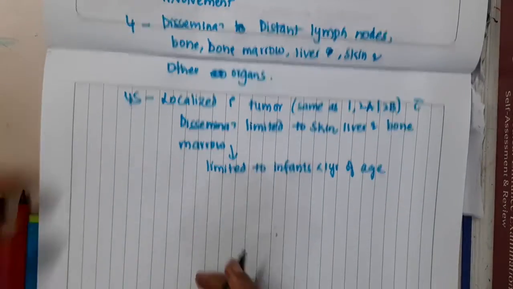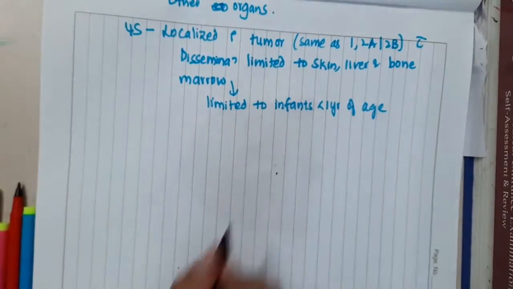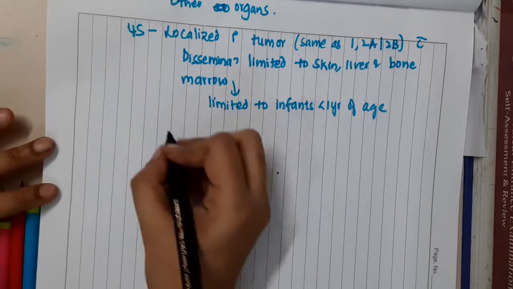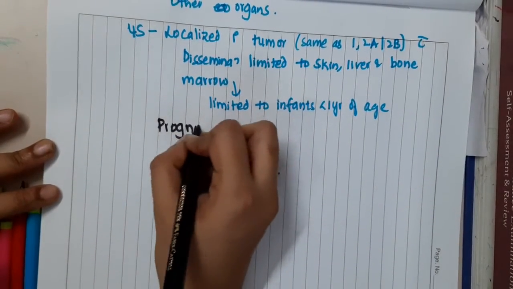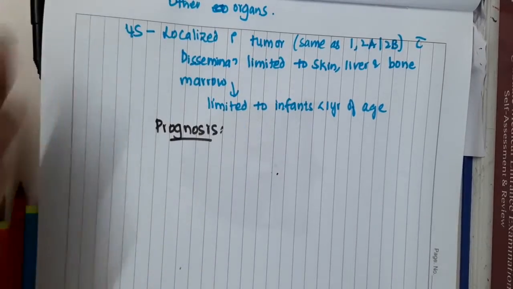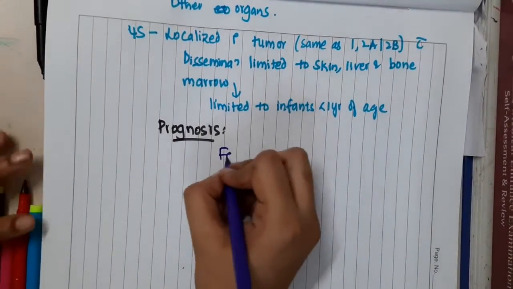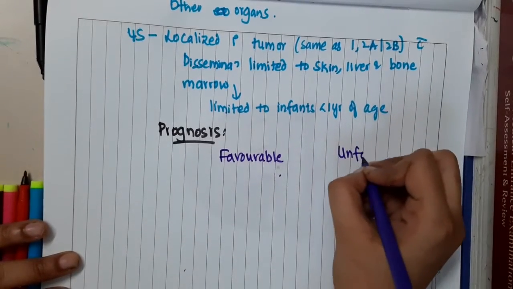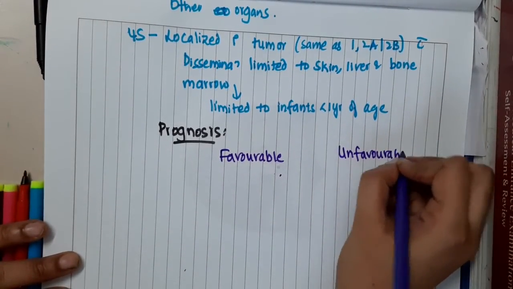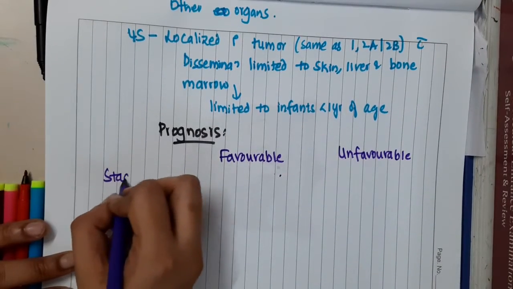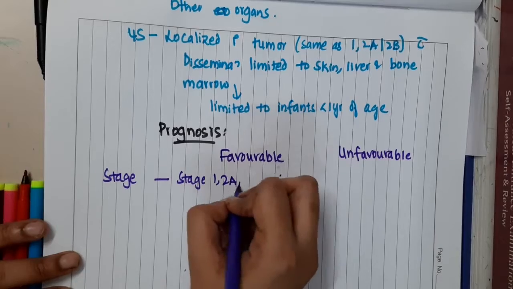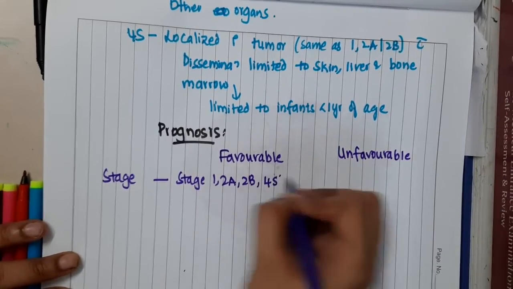Now let's look at the prognostic factors of neuroblastoma. Prognosis can be favorable or unfavorable. Stages 1, 2A, 2B and 4S are favorable.